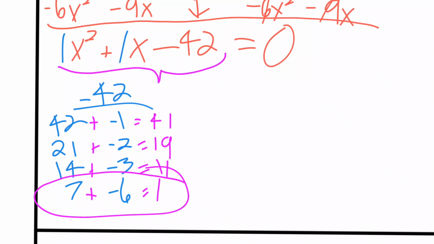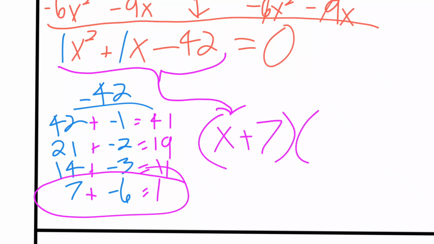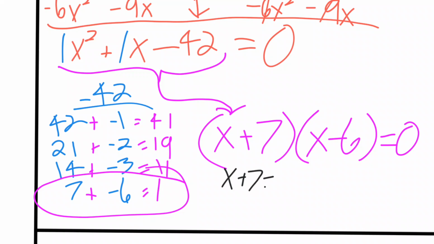I will turn this into x plus 7, since it was a positive 7, and x minus 6, since it was a -6, equal to 0. Okay, this is the fully factored form. Take each factor, each binomial I should say, and set it equal to 0, and then you could simply flip the sign, or I'll show my work.